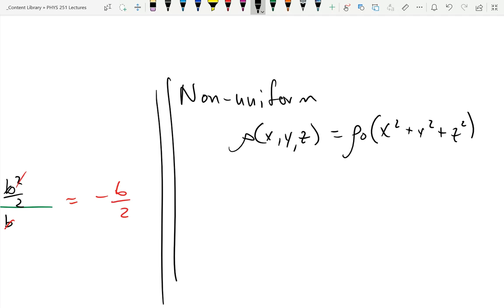I wouldn't give you something this complicated for the simple reason that it's going to take me 5 times longer to do the math. So what I would do is something like this.